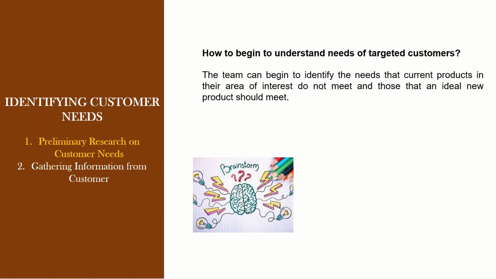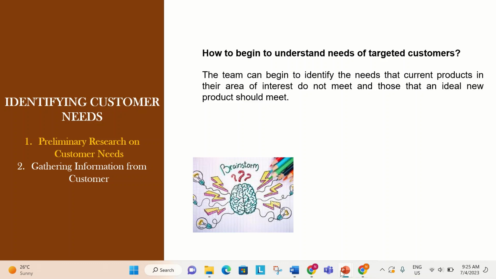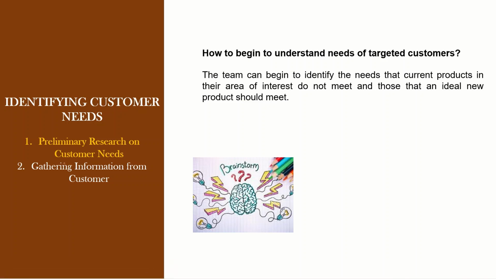So we, as design engineers under the mechanical division, let's say, are currently developing one specific product in our area of interest, and then we find some features that our current product does not meet.